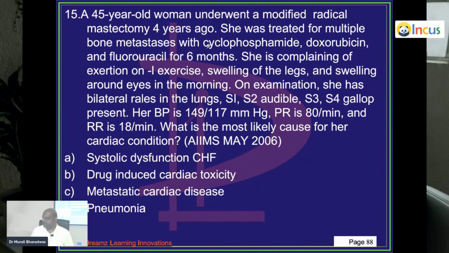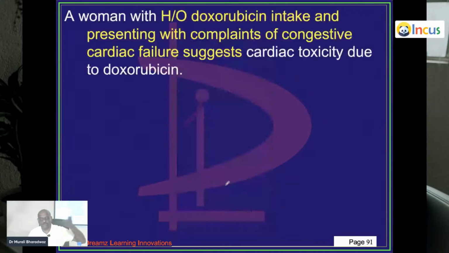So, doctor, a 45-year-old woman underwent a modified radical mastectomy 4 years ago, and was treated for multiple bone metastasis with cyclophosphamide and doxorubicin, which is a risk factor for drug-induced cardiac toxicity.